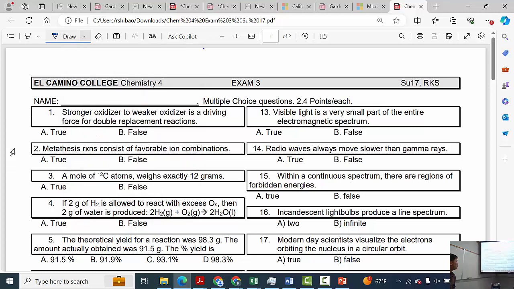Strong oxidizer to weak oxidizer is driving force for double replacement reactions. False. Go with blue. I'm going to keep this as a key. Metathesis reactions consist of favorable ion combinations.